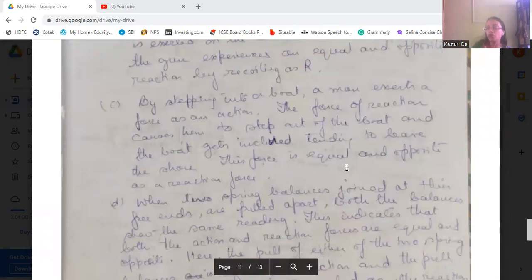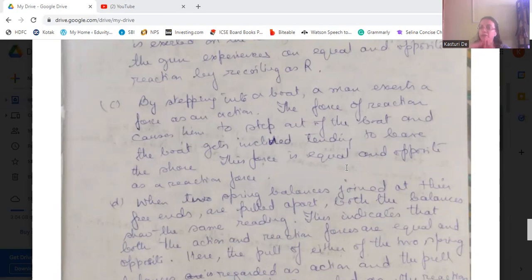When a man is stepping on the boat, he will exert a force as an action. He stands up and steps on the boat, so he produces an action. When he is stepping out of the boat onto the shore, the boat gets inclined, tending to leave the shore.